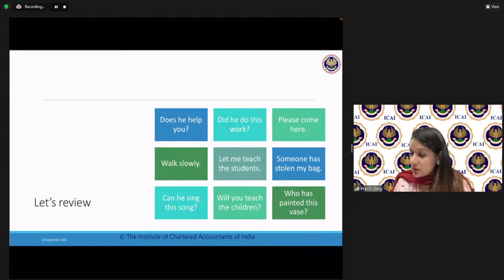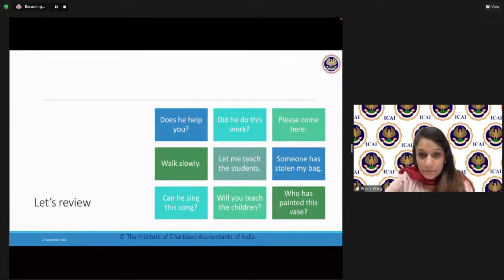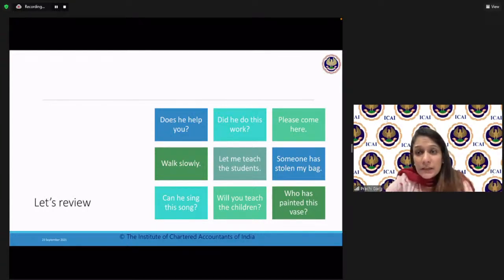Can he sing this song? Can this song be sung by him? Were the paintings liked by them in the exhibition? That's how you change from active to passive, Yashika.